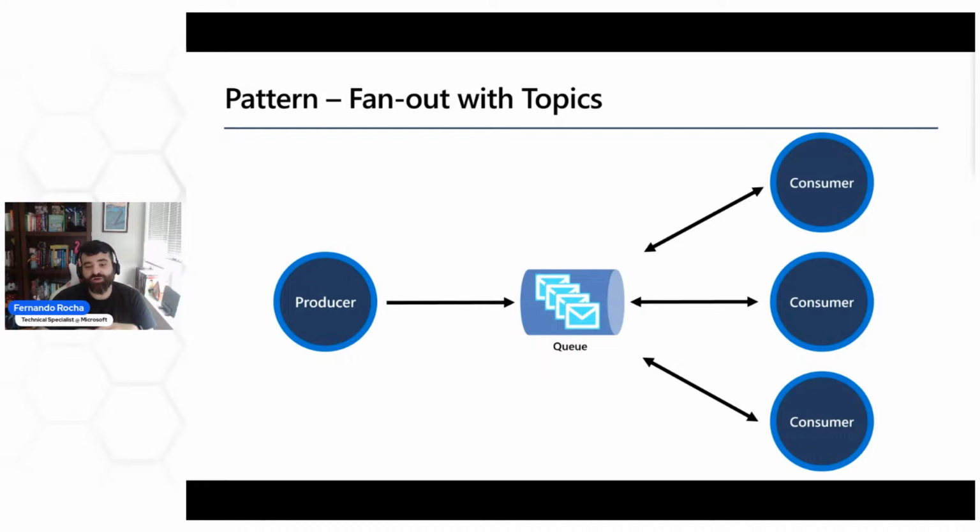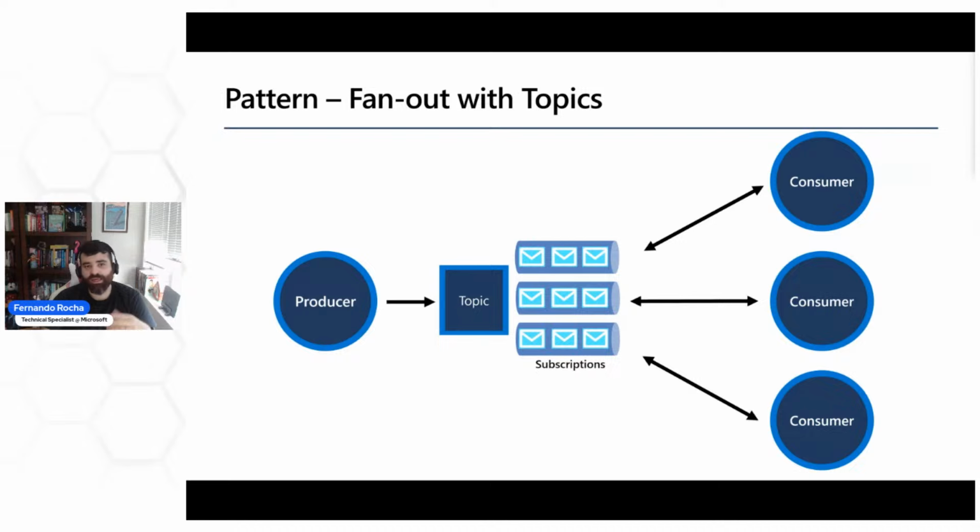You have the process of fanning out with topics. Topics are a very important keyword to use when we're handling Service Bus. Topics provide a publish-subscribe mechanism for you to use within your architecture, where producers, or publishers in this case, send messages to a particular topic.